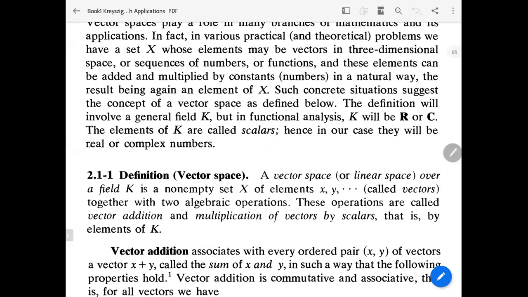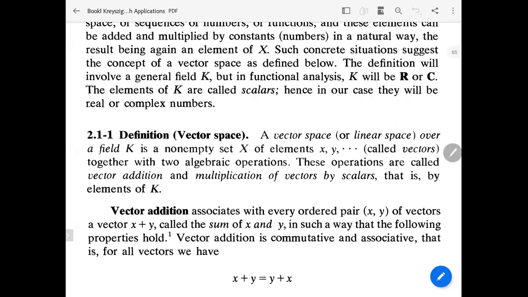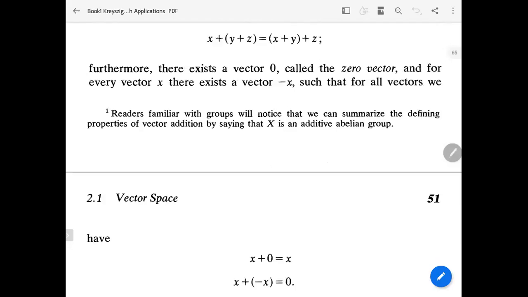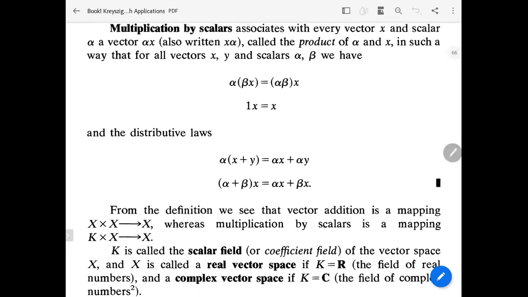So in the very first class by Professor, he discussed the vector space. So vector space, a non-empty set with two operations, vector addition and scalar multiplication, satisfying certain properties.